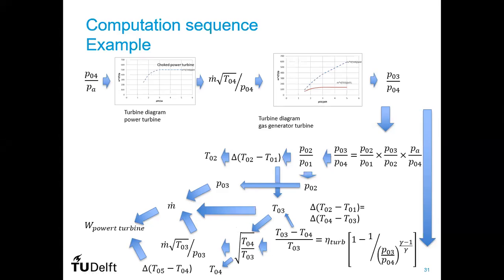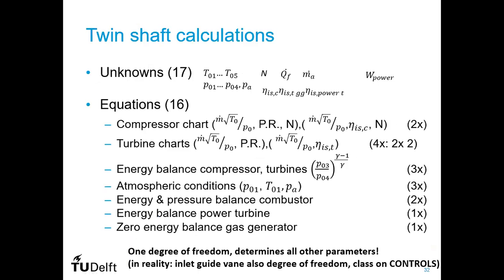So with these simplifications you enter with this complex set of equations to solve for a twin shaft turbine. But the main message I want to give is that it's really determined by the swallowing capacity of the power turbine where you run in the cycle.